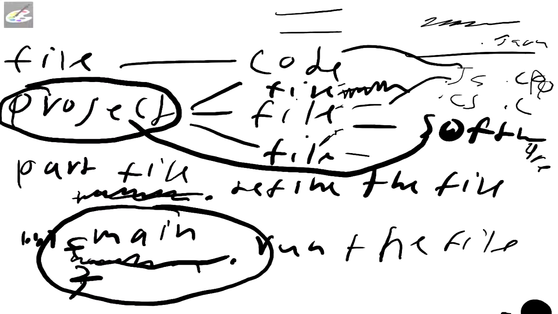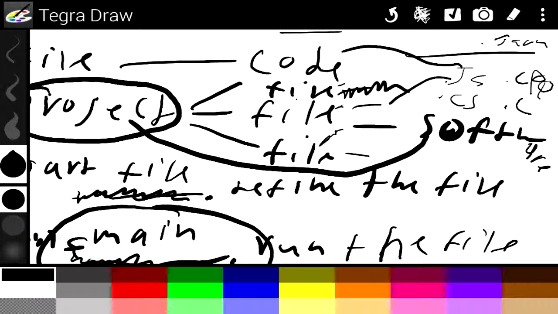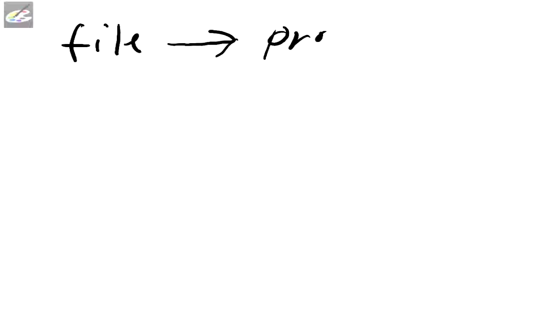Now, that's basically it. So this is how the files are made. They're basically just the three parts. There's a file that goes inside of a project, and there is code inside the file.